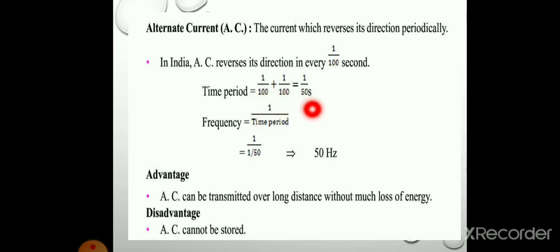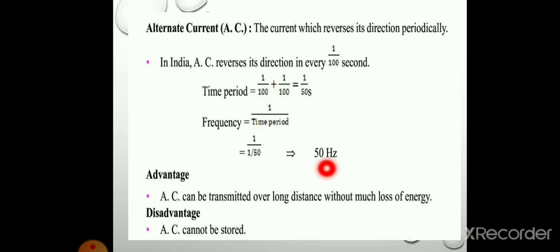So the time period to complete one rotation is 1 divided by 50 seconds, which is 0.02 seconds. Frequency is equal to 1 by time period. So 1 divided by 0.02 is equal to 50 hertz.